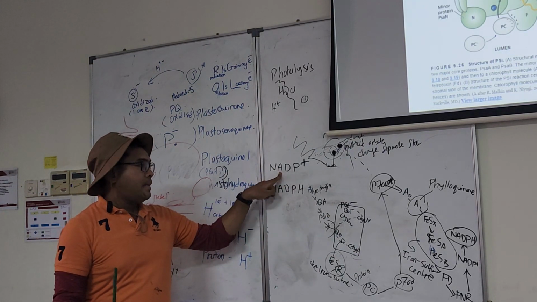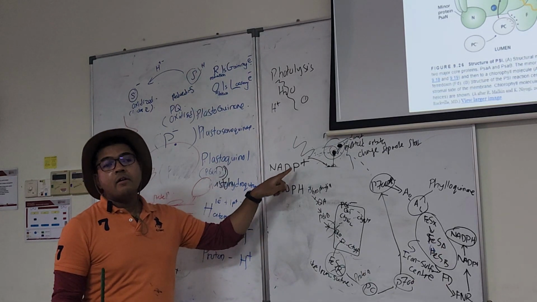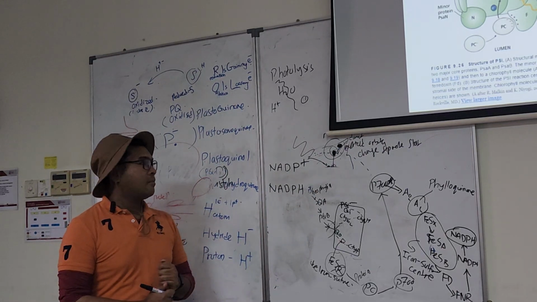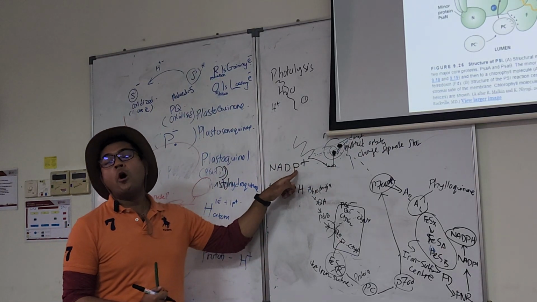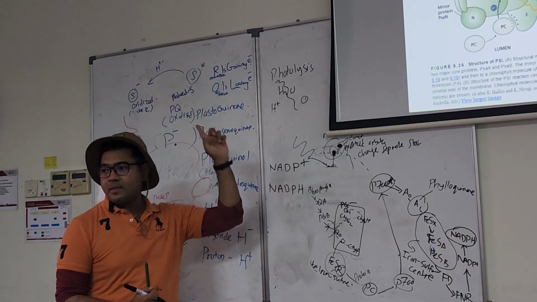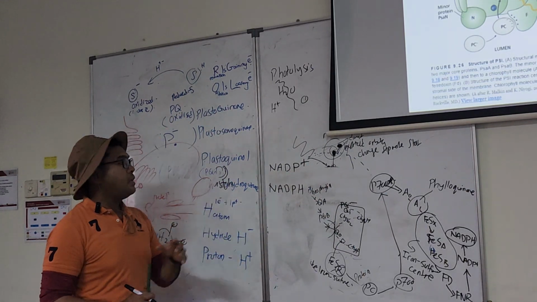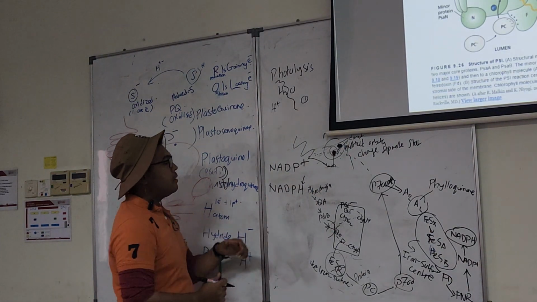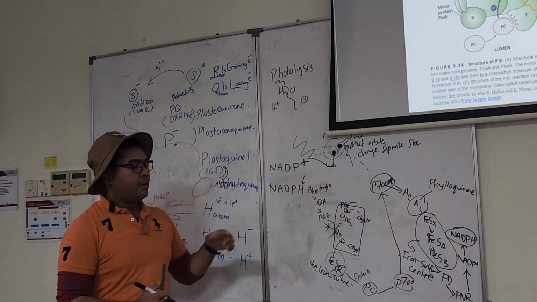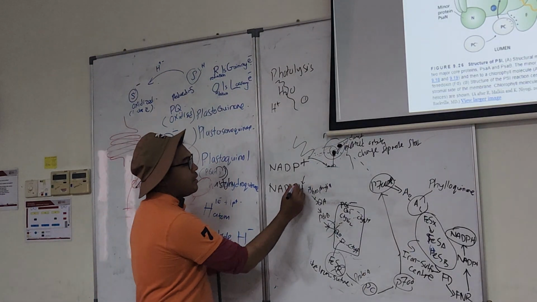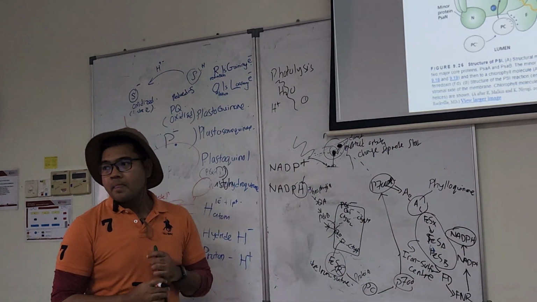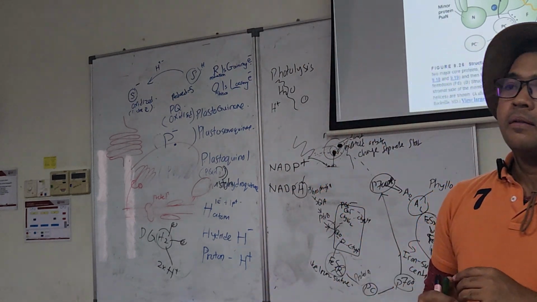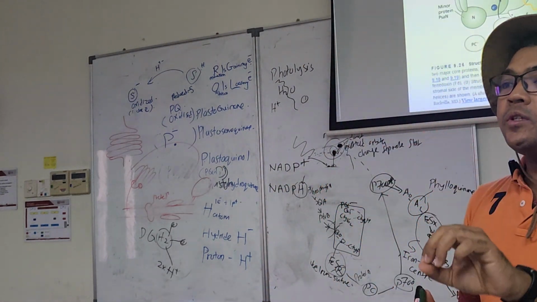Nicotinamide adenine dinucleotide phosphate, oxidized. Meaning that it has a hole in it. That's why it has the plus sign. It's positive. However, the moment it has received a hydrogen here, it becomes reduced nicotinamide adenine dinucleotide phosphate. Put the word reduced at the front.